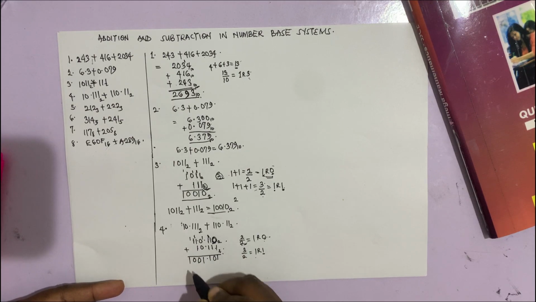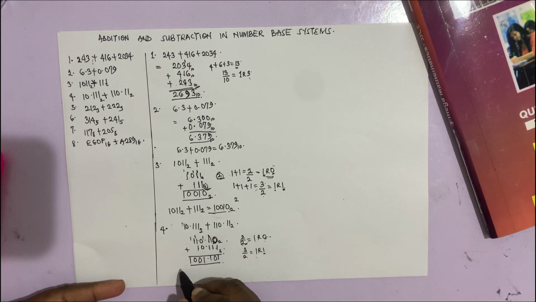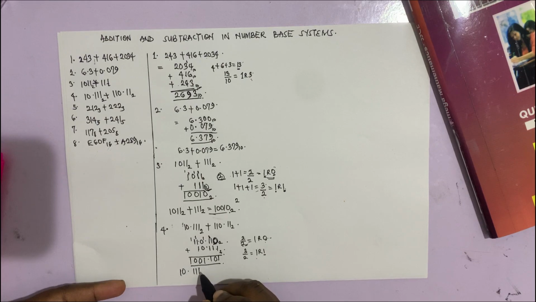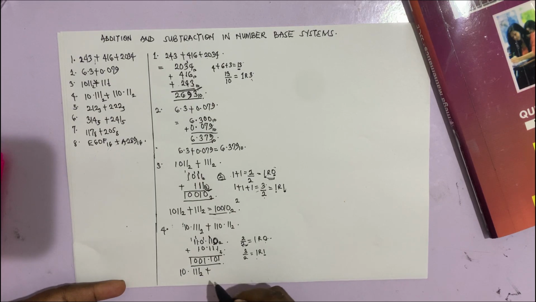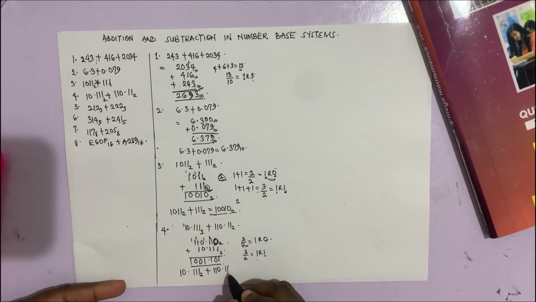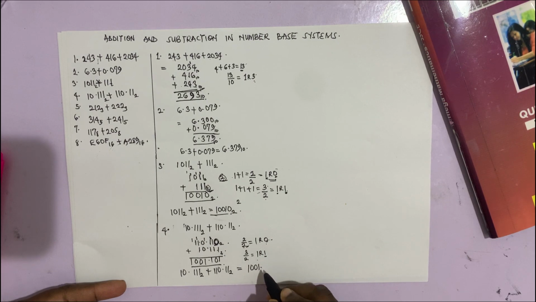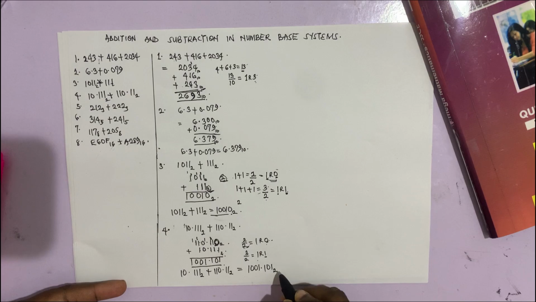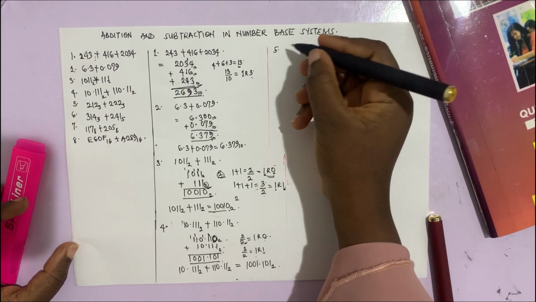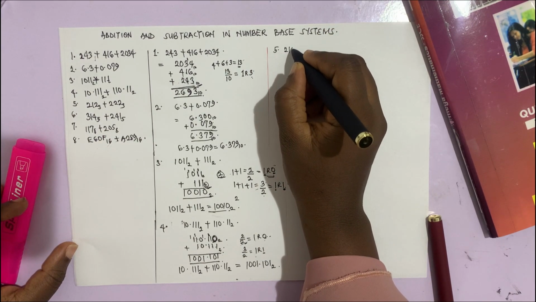There is nothing left here, so we write the 1. So therefore 10.111 base 2 plus 110.11 base 2 would give us 1001.101 base 2.